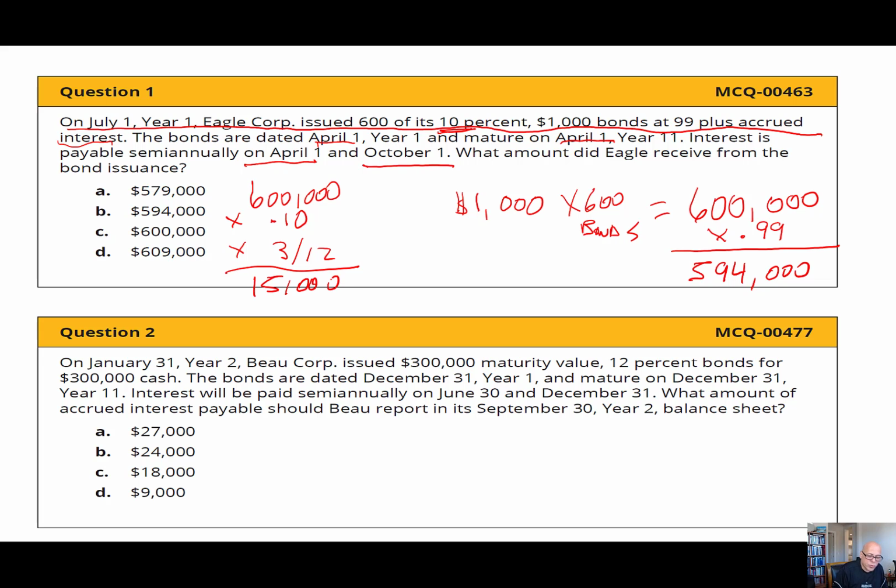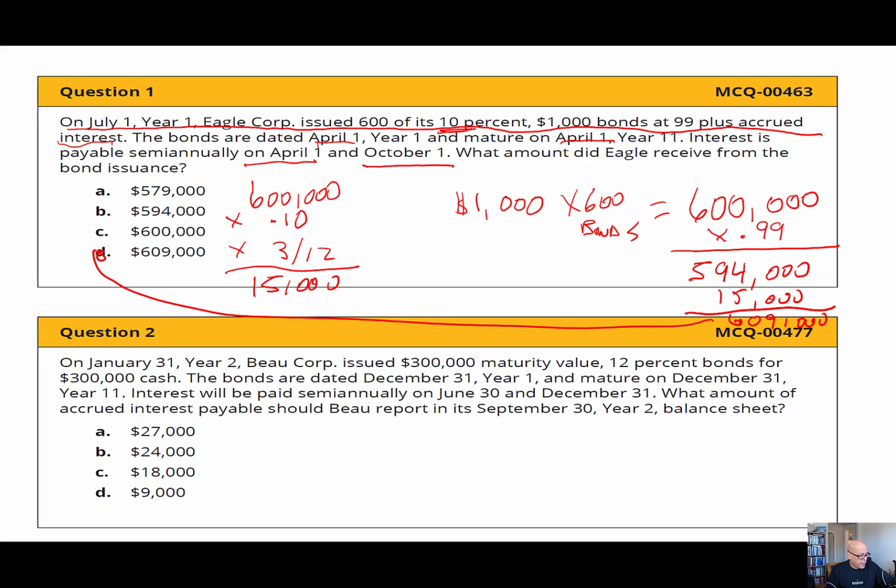That's the interest that is accrued for that 3-month period, April, May, June. So I add that 15,000 because they got to collect the interest for that period, plus the 594,000 gives me 609,000. And of course, in typical fashion, I don't have anywhere to write the answer. 609,000. Okay? All right, good.